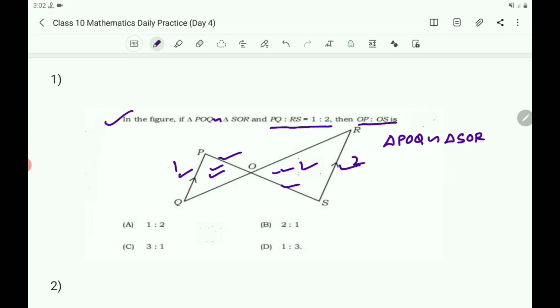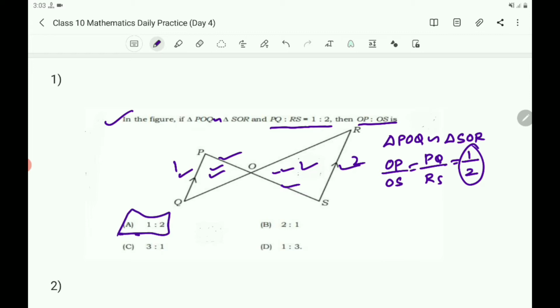So you can write that OP by OS equals PQ by RS, and the ratio is given, PQ by RS is equal to 1 by 2, that is 1 is to 2. So you can take PQ by RS is equal to 1 by 2. Therefore OP by OS is also equal to what? 1 by 2. That is 1 is to 2.